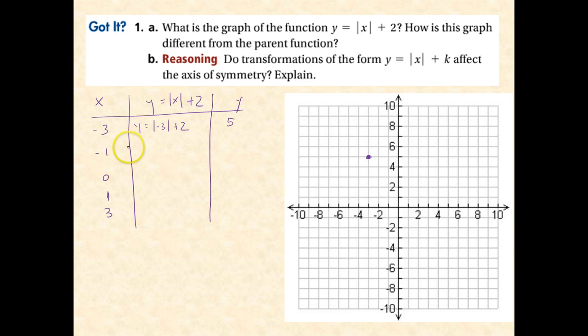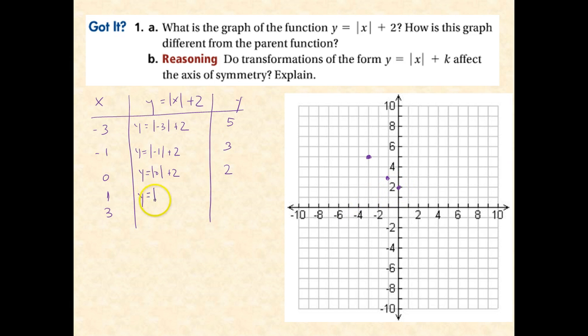Okay, when x is -1, y equals the absolute value of -1 plus 2. Absolute value of -1 is 1, so 1 plus 2 is 3. So we got -1, 3. When x is 0, y equals the absolute value of 0 plus 2. The absolute value of 0 is 0. So we get this point 0, 2.